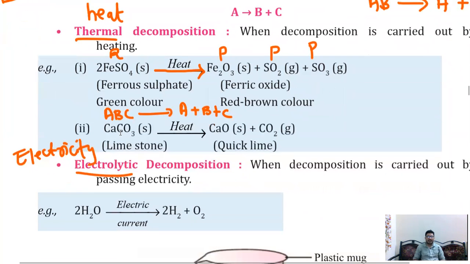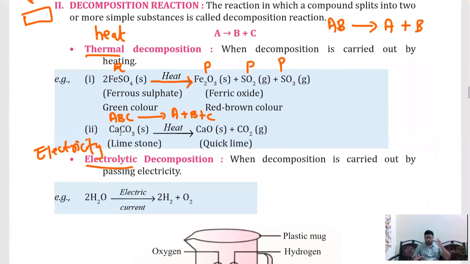Now it is CaCO3. What is CaCO3? Calcium carbonate, limestone. In chalk pieces, we can use that one, calcium carbonate. If you take that calcium carbonate and if you heat it, what are the products you are getting? CaO, calcium oxide, which is quicklime, and carbon dioxide.